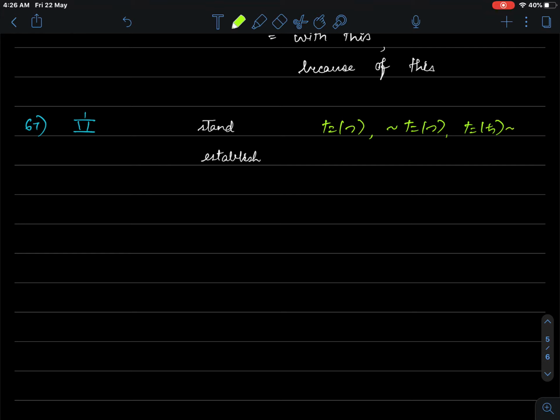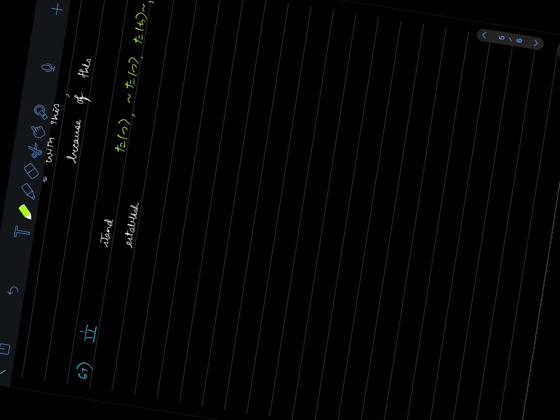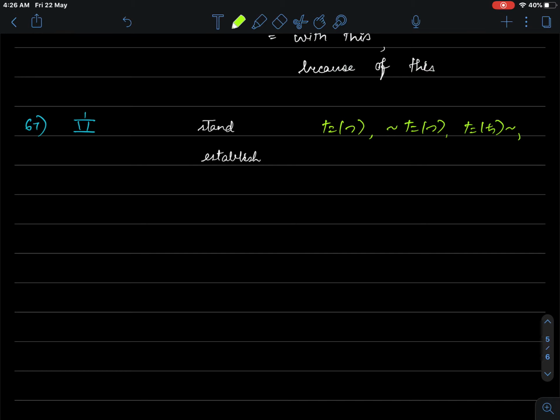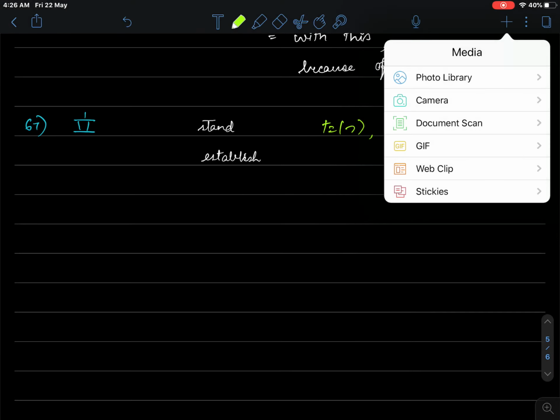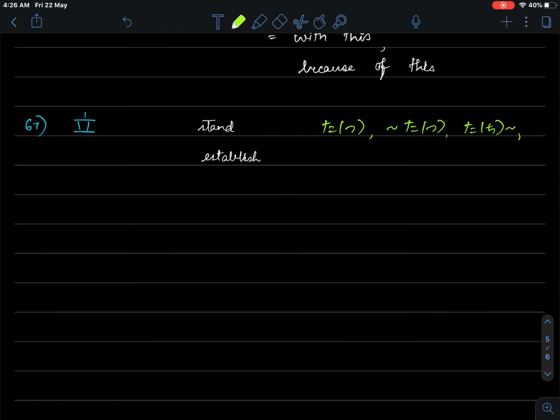Tachi. Oh, good God. Okay, I'll still try and finish this. If it becomes too much of a pain, I will redo this session. I apologize. Seriously.